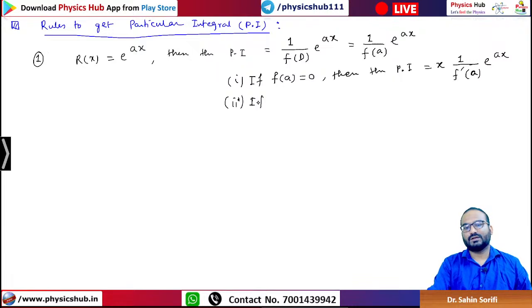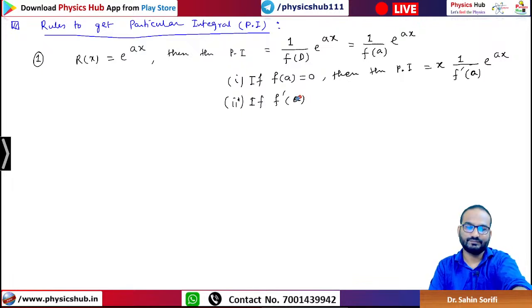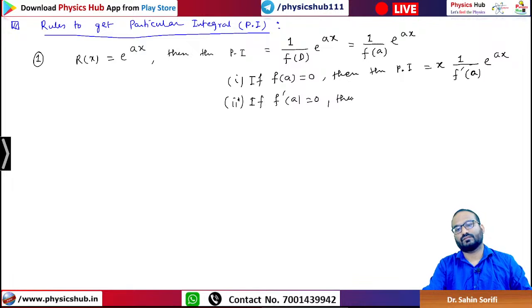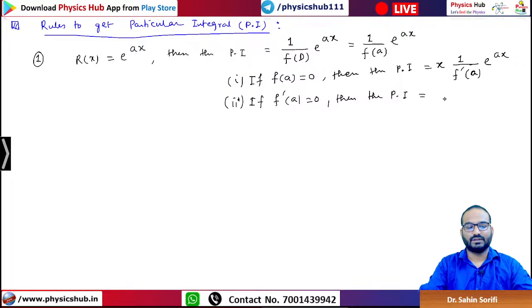Again a similar procedure: if f'(a) = 0, then the particular integral will be x² · 1/f''(a) e^(ax).